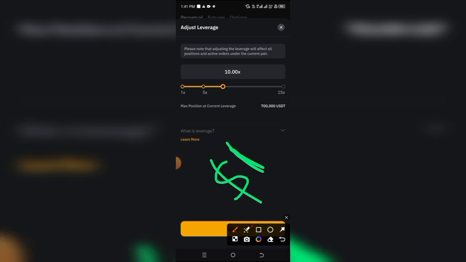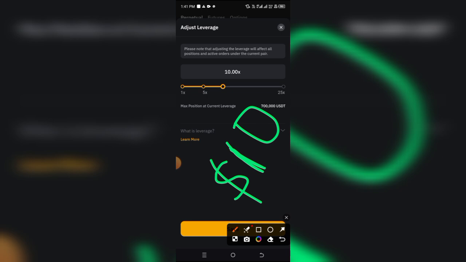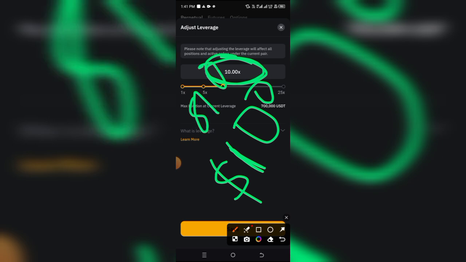Let's just assume you have $10 to place this trade. If you set a leverage of 10x, Bybit will allow you to set this trade for 100 USD. So instead of indirectly using just $10, you have $10 capital, but Bybit will give you an additional 90 for you to place into that trade.